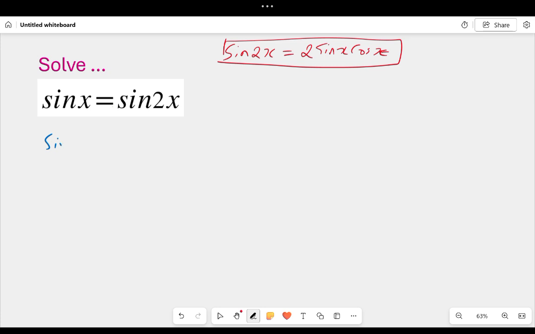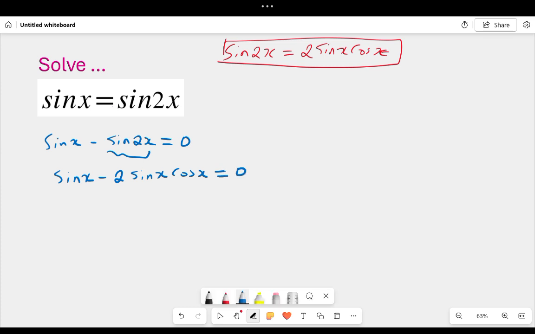So we have sine x minus sine 2x is equal to 0. Then we are going to use the double angle formula that I have highlighted up there. Sine 2x is just the same as 2 sine x cosine x, so we have minus 2 sine x cosine x, and then over here we have sine x, which is equal to 0.